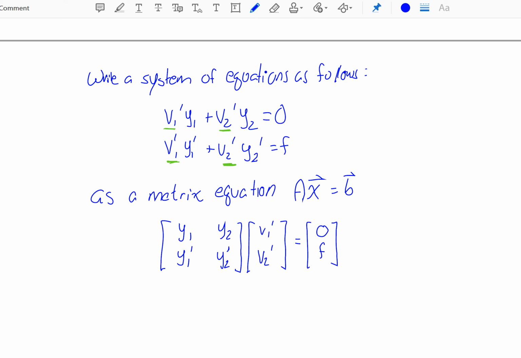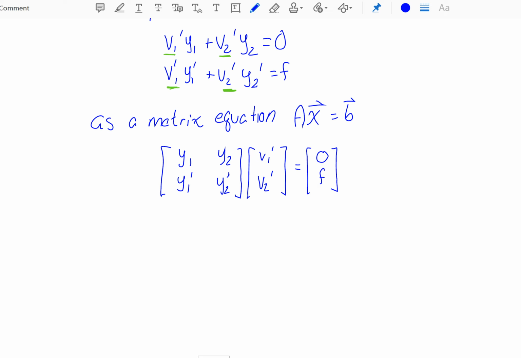So this is our system of equations written as a matrix. Now there's lots of ways we can solve this system, but I like using Cramer's rule.